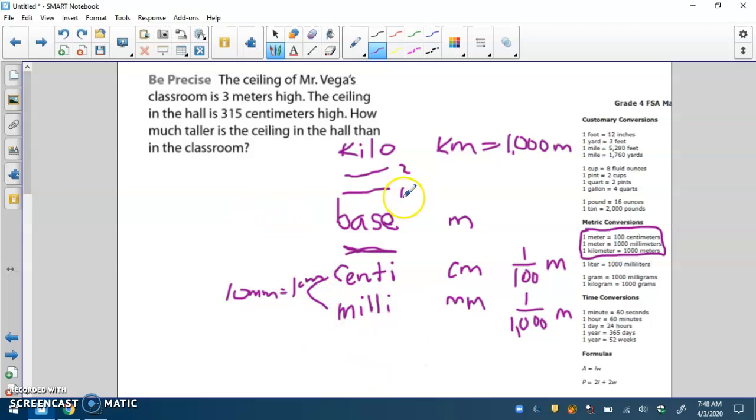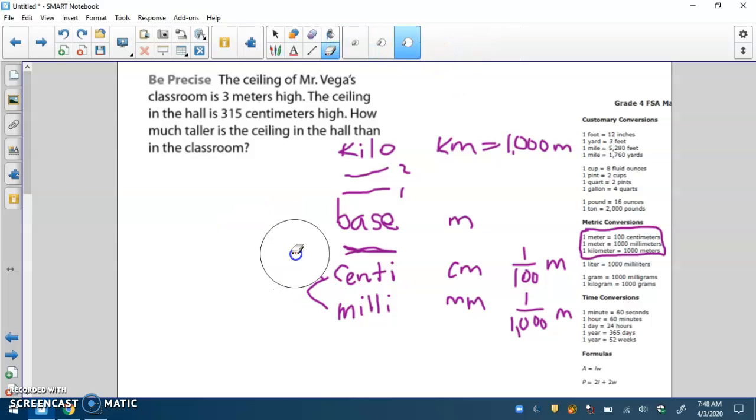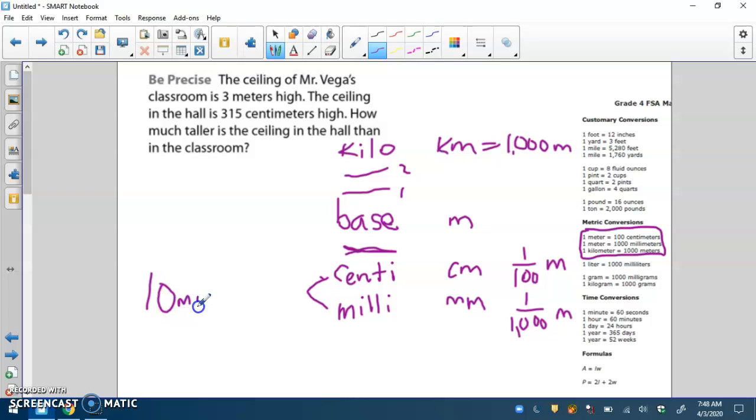There's going to be 10 millimeters in 1 centimeter. Let me draw this a little bit larger for you so you can see. Since they're only 1 spot away from each other on the chart, 10 millimeters equal 1 centimeter. They are 1 spot away from each other on that chart.